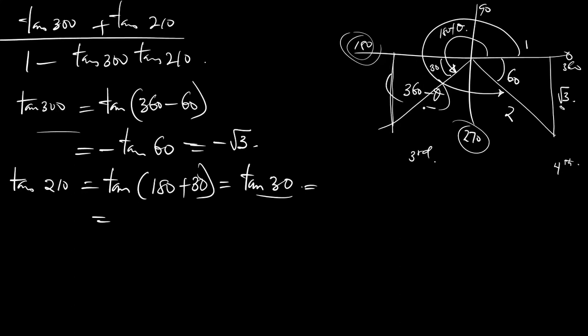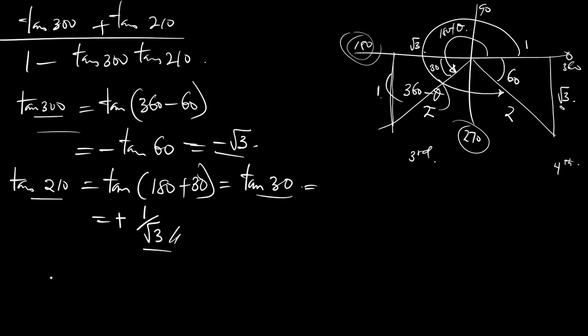From there, here is 2, here is 1, here is root 3. So tan 30 is 1 all over root 3. Tan is plus at the third quadrant. So you have 1 all over root 3 as tan 30. Now let's substitute the values. So now we have this to be equal to this and this to be equal to this.